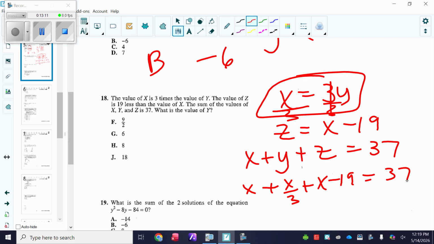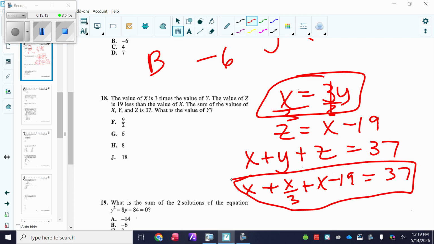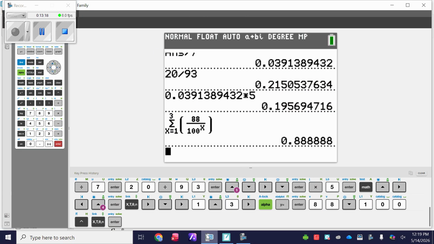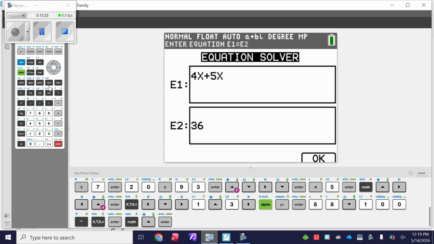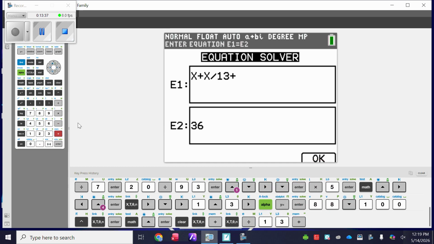I could go over solving that equation with you, but I sure do like using my math equation solver on the calculator. I love to show this one off. So it would be x, again, good variable to use, plus x over 3, plus, what was it, x minus 19 equals 37.